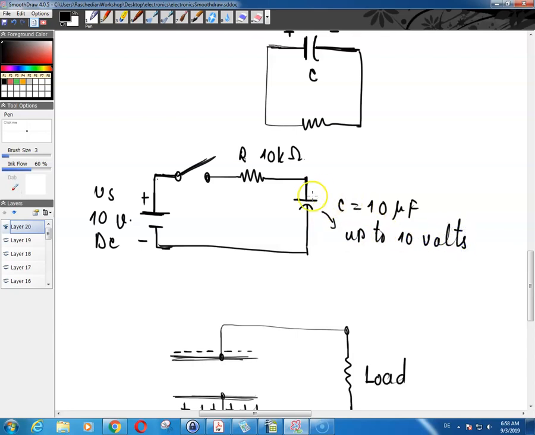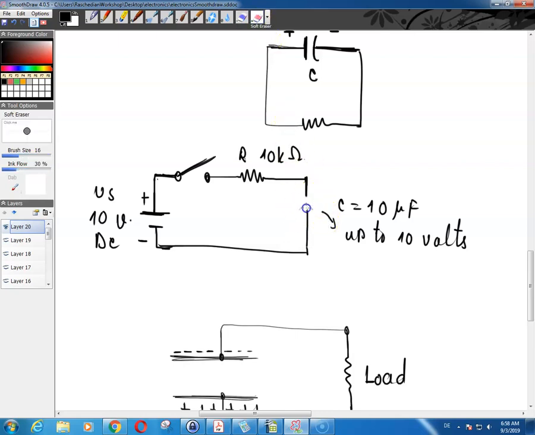Basically, this capacitor in this circuit would be charged up to the voltage that would appear on these two terminals over here.